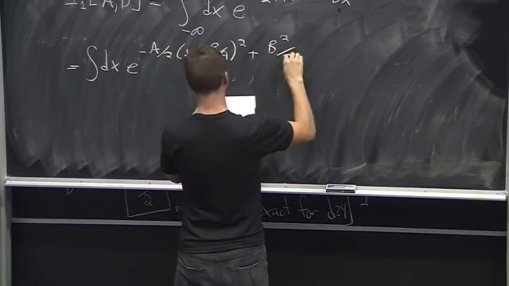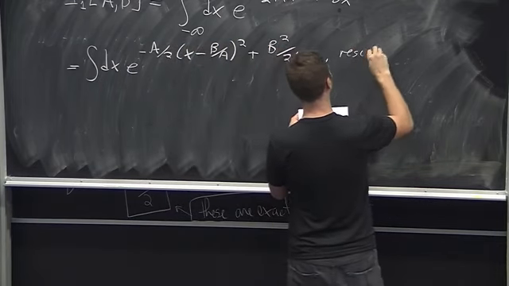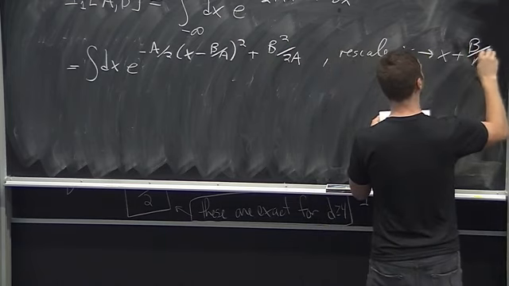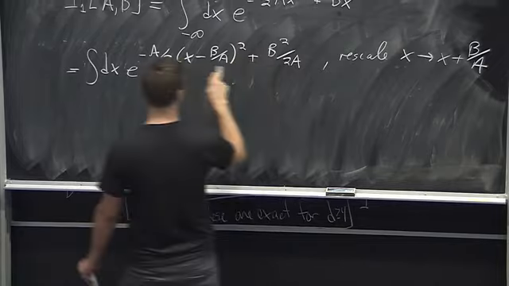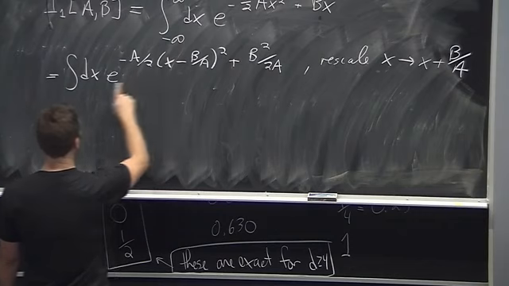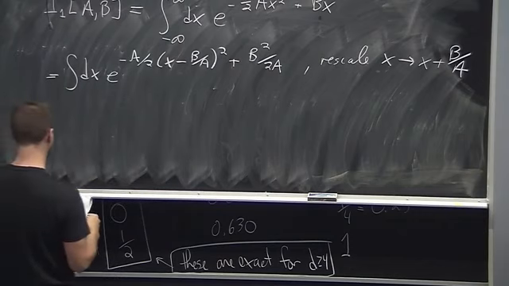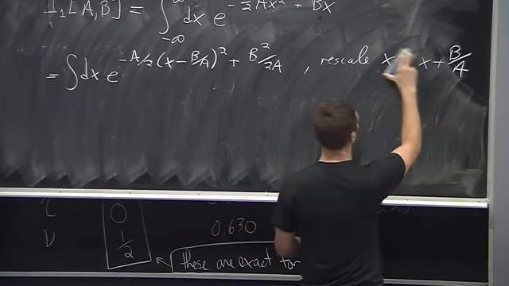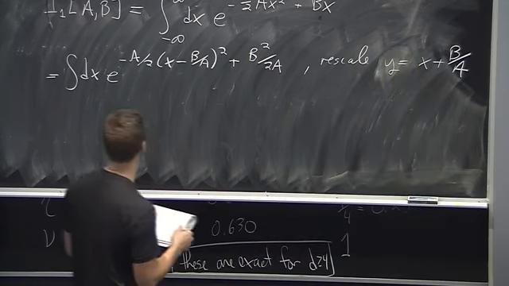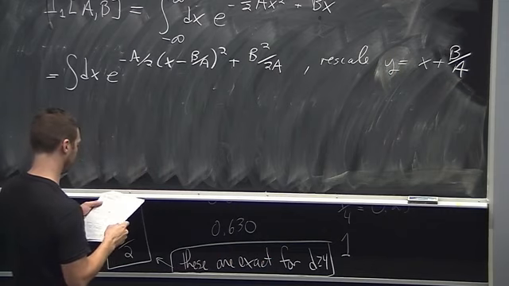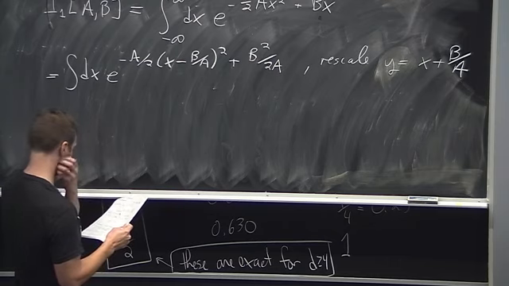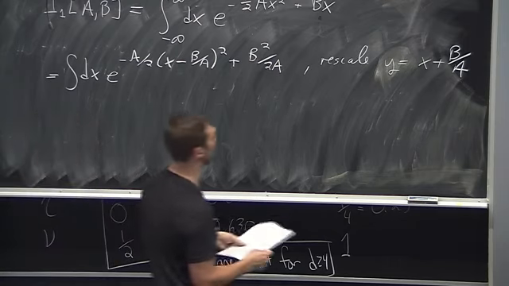Completing the square and rescaling: x plus b over a, which is what occurs here. You can call that y and then change this to dy. Plus or minus, what do I want? I think I want minus.